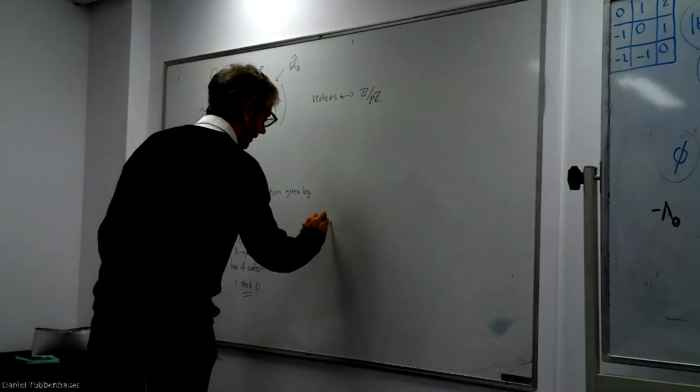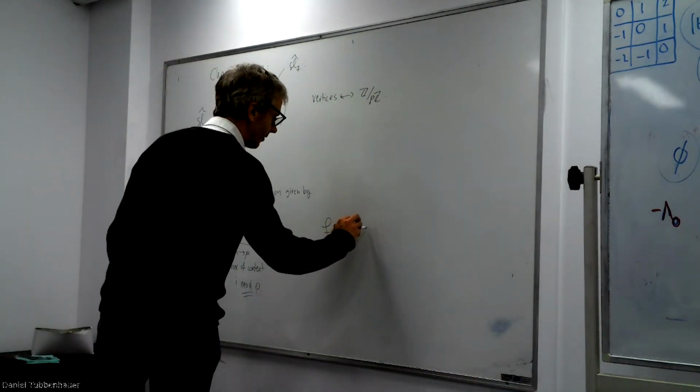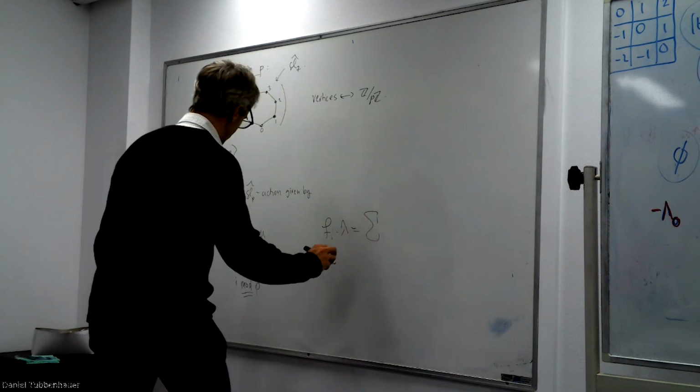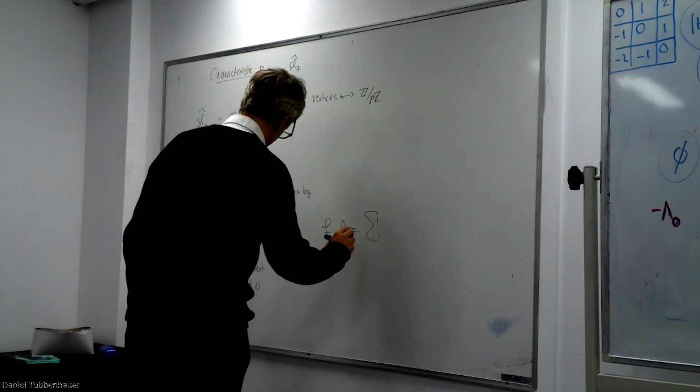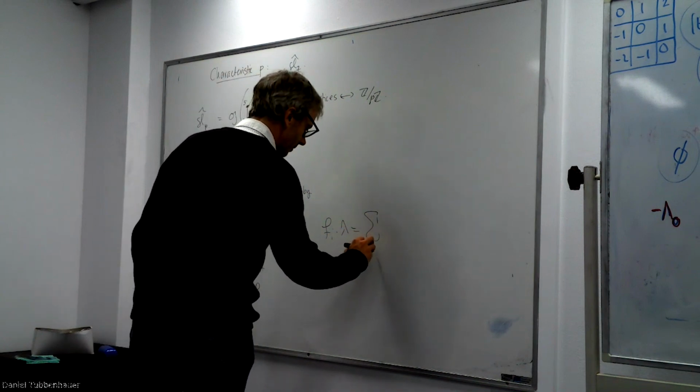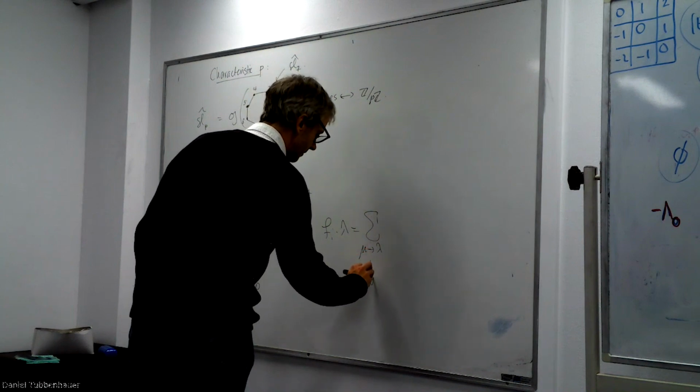F_i of lambda is the same sum over mu going in to lambda, mod p.